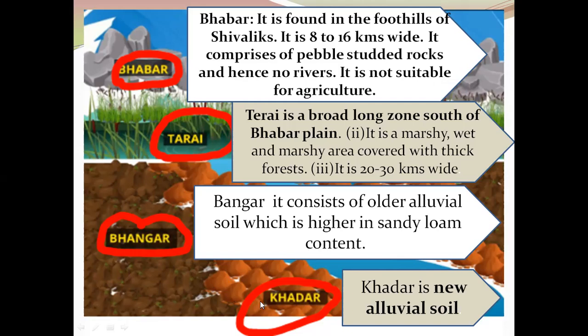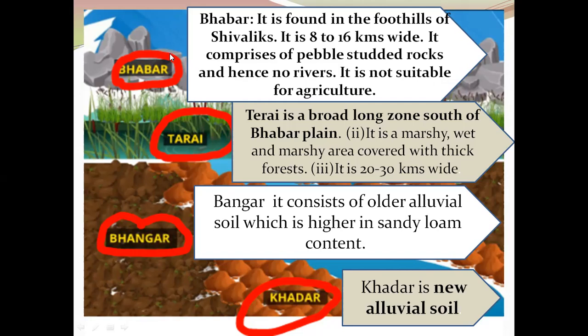Khadar is the new soil which is brought recently by the river, and Bhangar is the old soil which is spread here long since and is mixed with many minerals. It is alluvial soil and very fertile. Another point: in the Khadar, as it came recently, some Kankad is also mixed. Kankad means stones are also mixed. But the Bhangar is very small, smooth soil and very, very fertile. So I think it is clear.